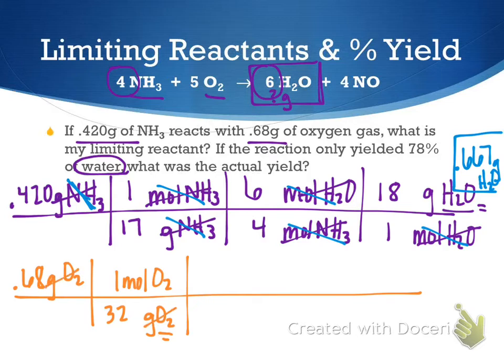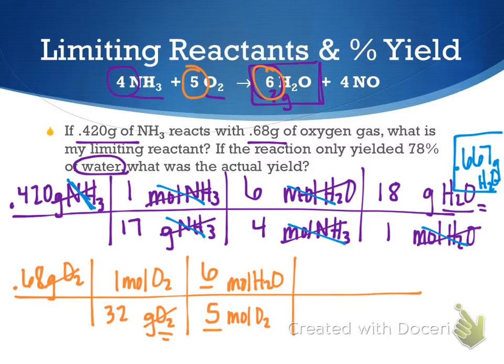So we've canceled grams. You want to go from moles of O2 to moles of water. Right, we need to be consistent in terms of what we go to for our final product. So again, these numbers come directly from our balanced chemical formula. Okay, so 5 and 6 here. And then I want to go from moles of water to grams of water.